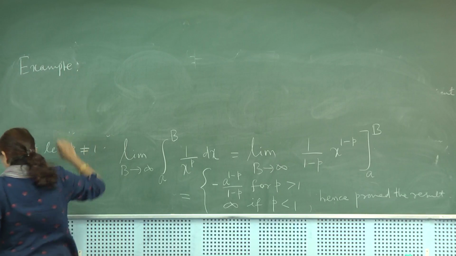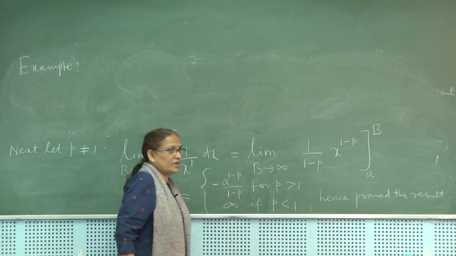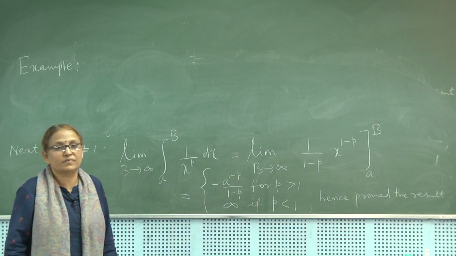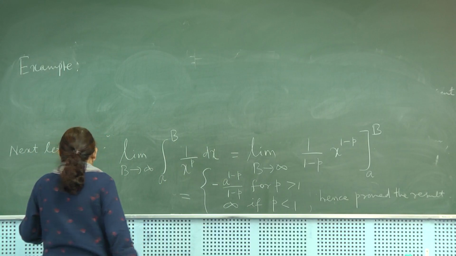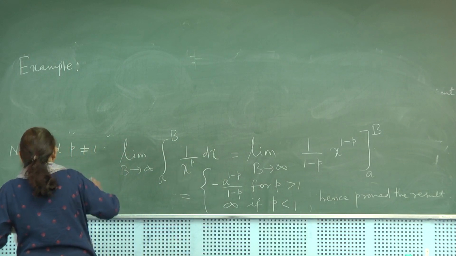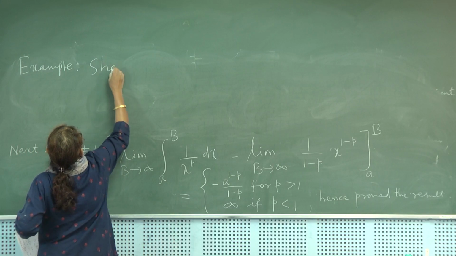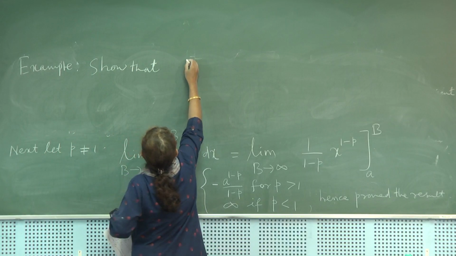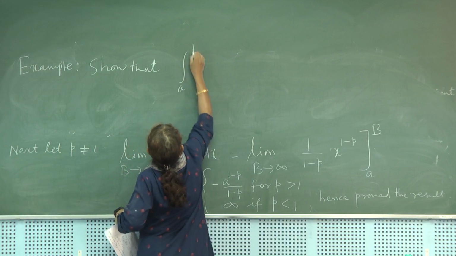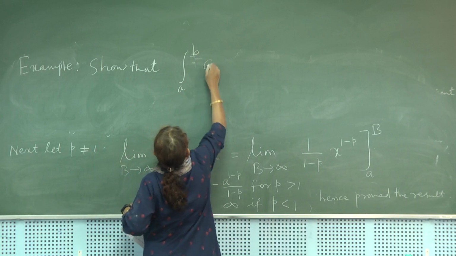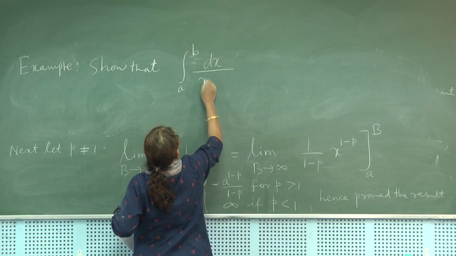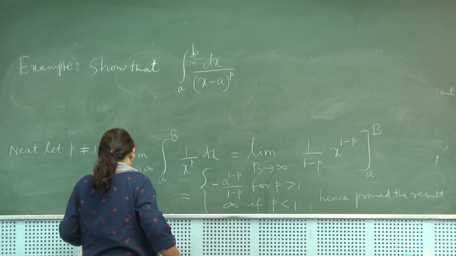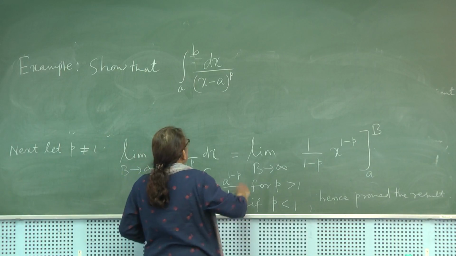The integrand may have unboundedness at the lower limit a, or maybe the upper limit b. So, first we are considering this improper integral of type 2, integral a to b dx over x minus a whole to the power p, p real.